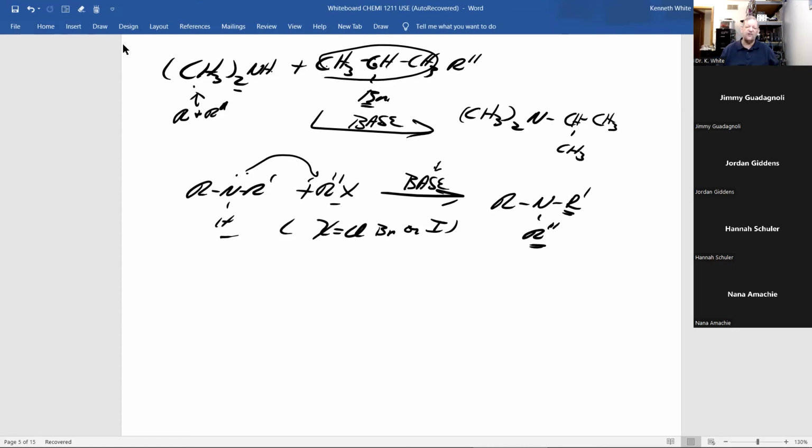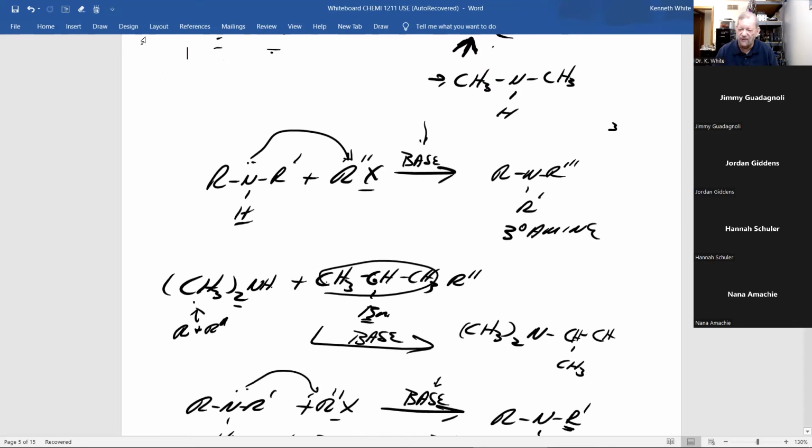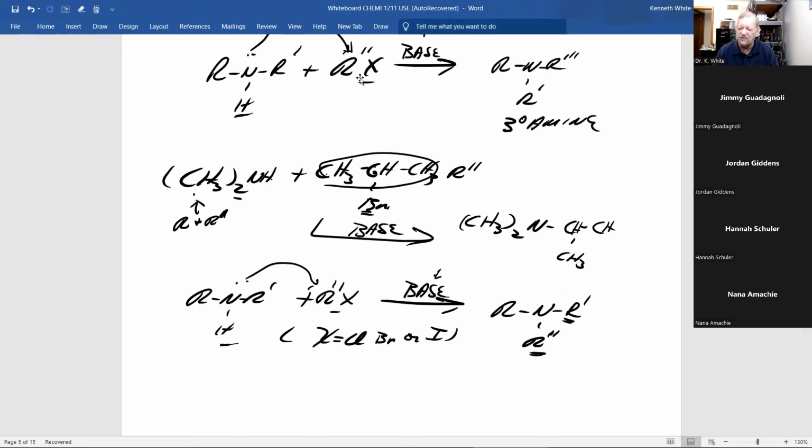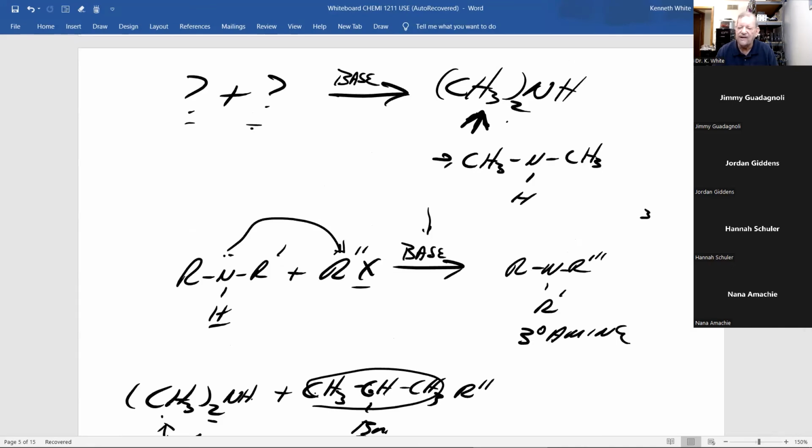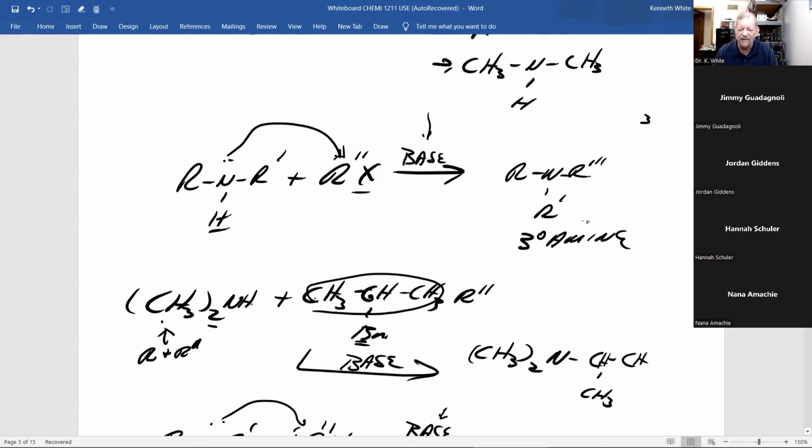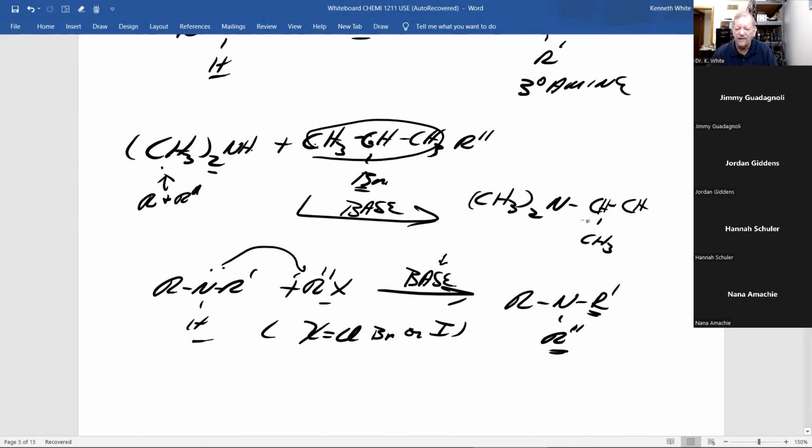Now, on a test, you could write it this way, or if you really wanted to, let me give myself a little room here. This right here, you could have also written like this. 2 sides have methyls, and 1 side has isopropyl.